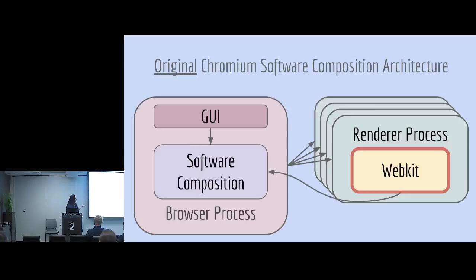So in general, you can think that there's one render process per tab. And each of them produces a web page, which could be very complicated and complex with many layers. But then you have many web pages. And again, that has to be composed together with the UI. And in the beginning, they did this with software composition, which was done in the browser process, which is like the original, the one that you start when you start the browser.